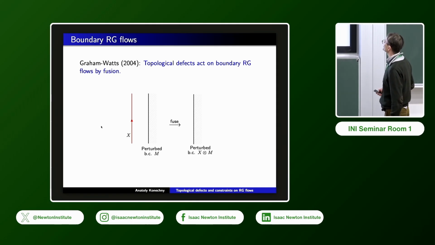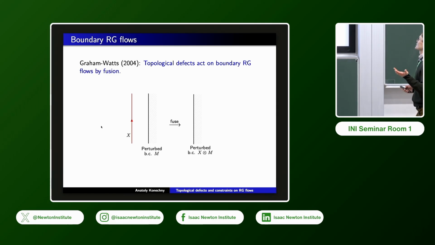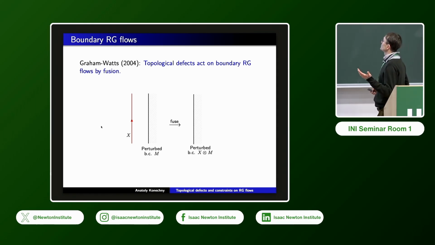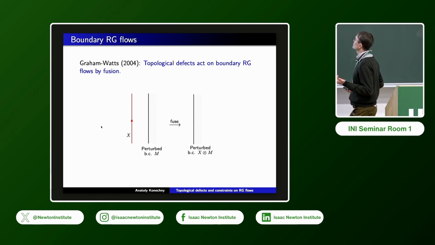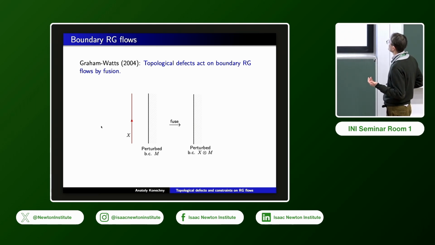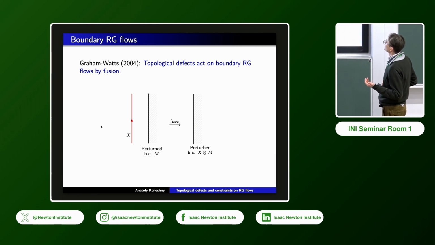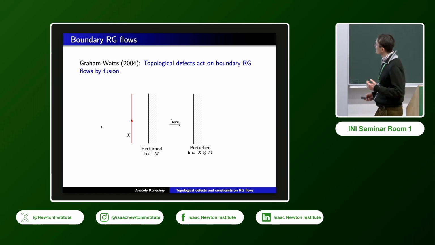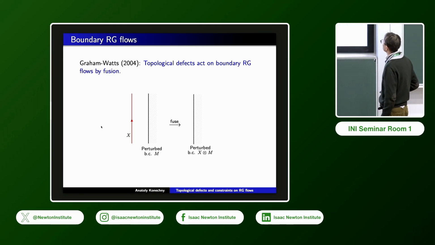Now imagine you perturb your theory, so this is no longer conformal. They showed that you can fuse and you get a different perturbed theory, which you can think of as a perturbation of the fusion of X with the underlying conformal boundary condition.